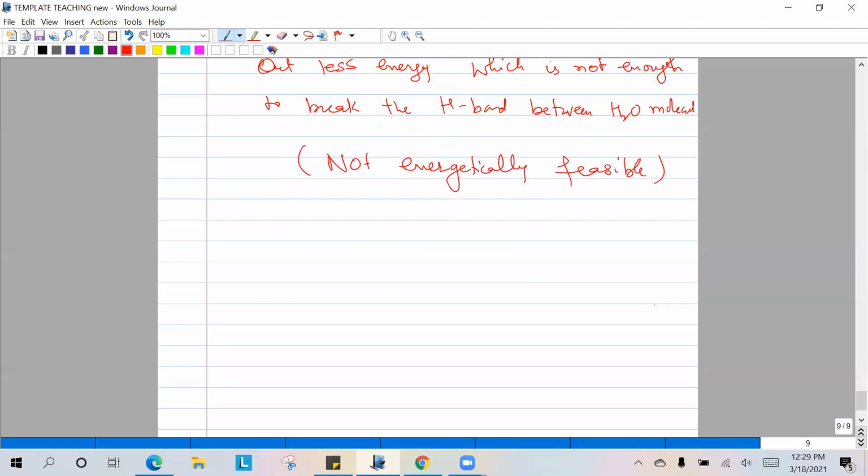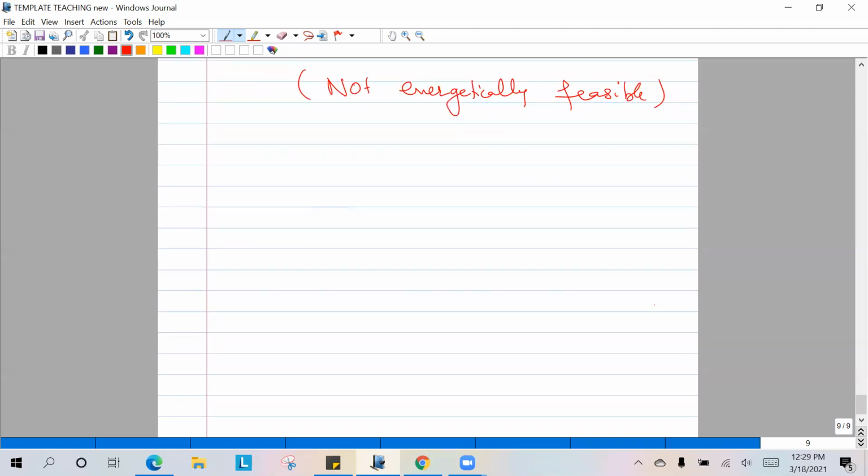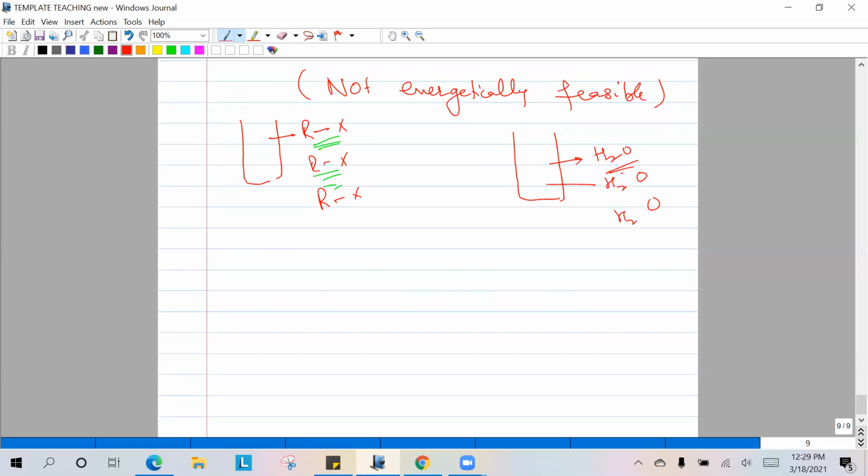Now, what if I try to explain it? Let us say you have in one test tube only the Rx. There will be many Rx molecules, that is the haloalkanes, and they will have some interactions between them. We already know that. Same way, in another test tube you have water molecules, and they will have some interaction between them.